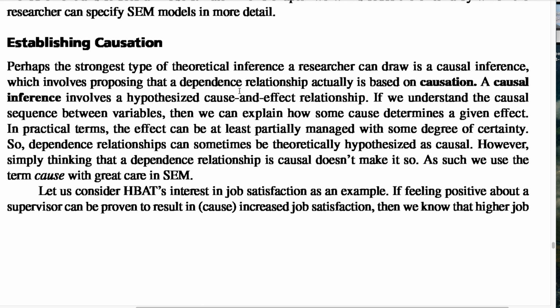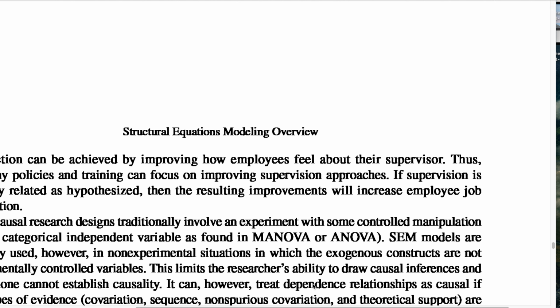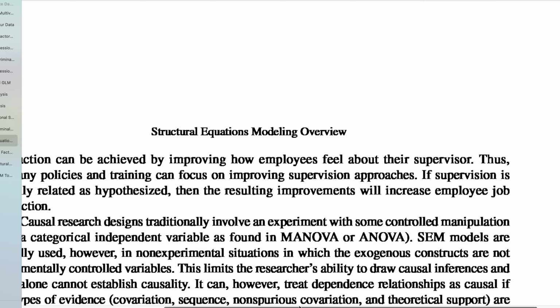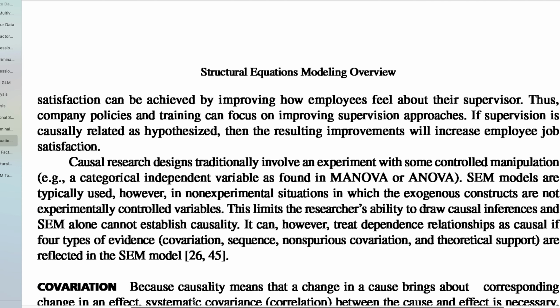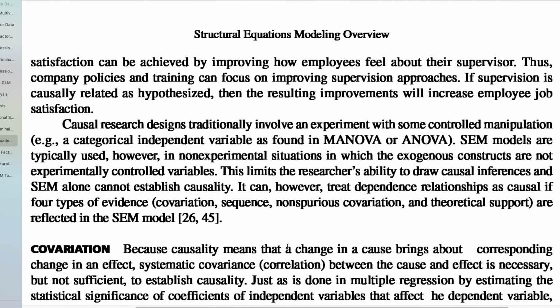If feeling positive about a supervisor can be proven to cause increased job satisfaction, then we know higher job satisfaction can be achieved by improving how employees feel about their supervisor.